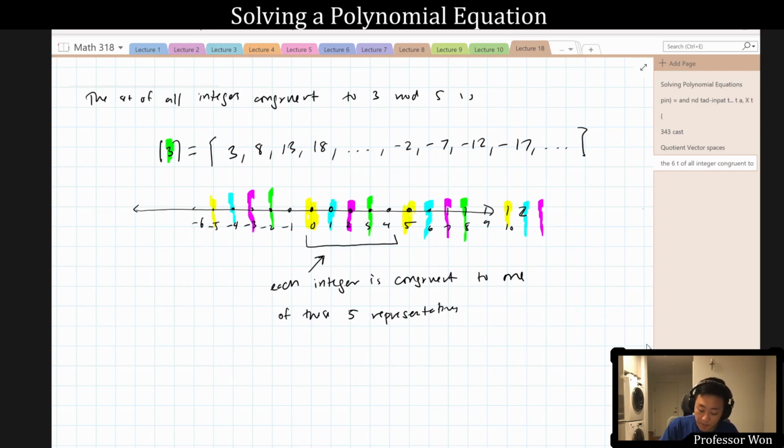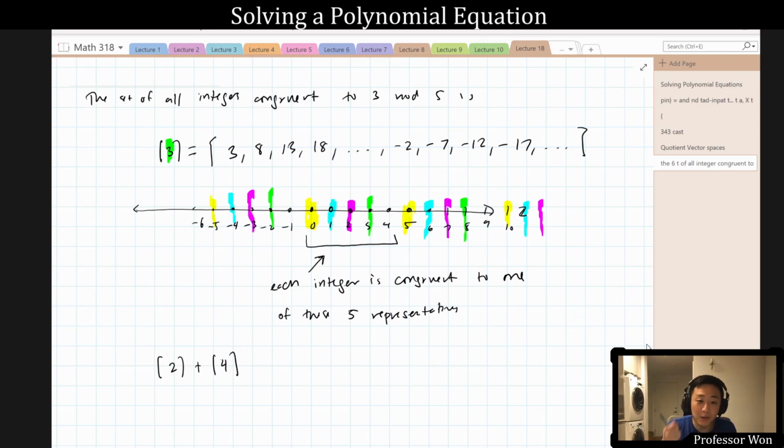In other words, it makes sense to add the equivalence class of 2 plus the equivalence class of 4. Why? If you look at every single pink number here and every single white number, right? So the equivalence class of 4 I didn't color in.